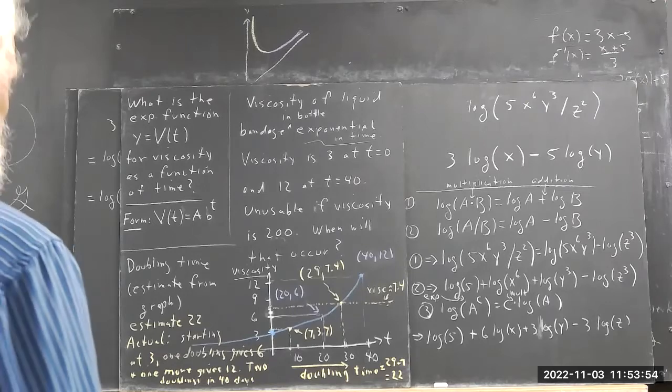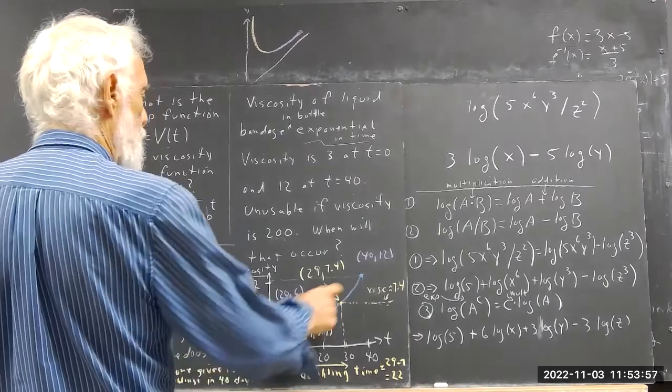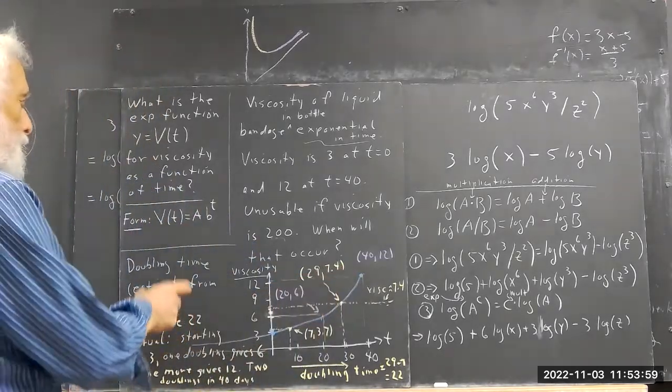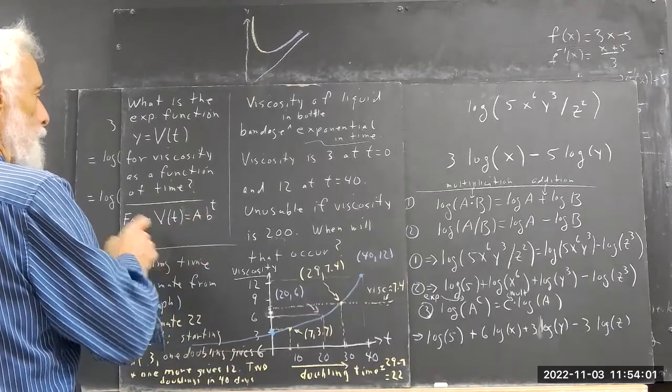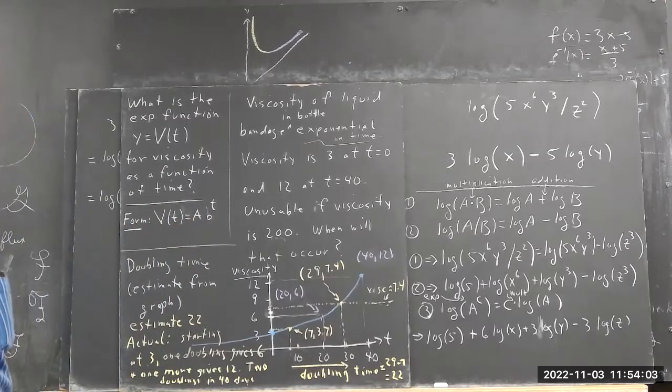Each point on the graph gives us a value of t and a value of viscosity. Okay.